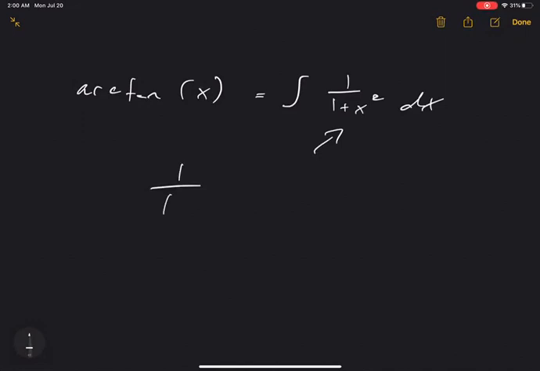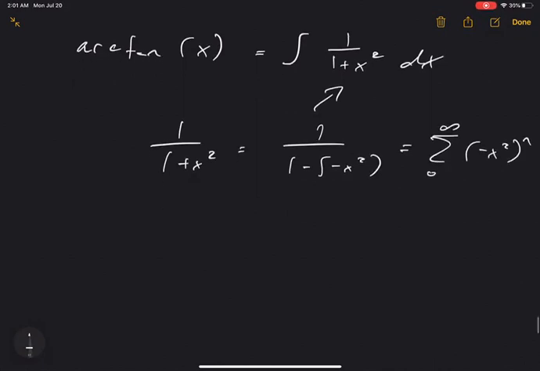What is the power series for this? Well, this is just the same as, okay, so the power series should be, okay. And then if I integrate that power series, I should get the power series for this.